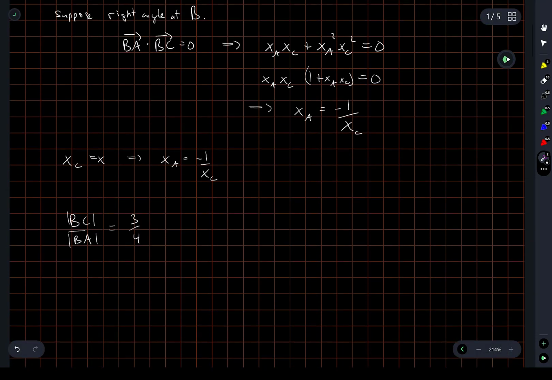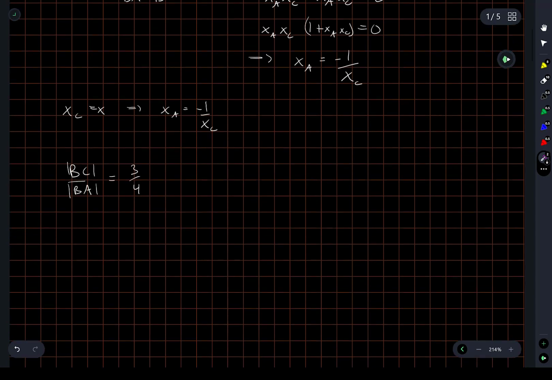I'm assuming here that BC is the side corresponding to 3 and BA is the side corresponding to 4. But my intuition is telling me this will take care of both answers. I'll just have to reverse the coordinates. This will give me one solution, and when I take the reciprocal of this, that'll give me the other solution, which is taken care of by the symmetry between XA and XC.